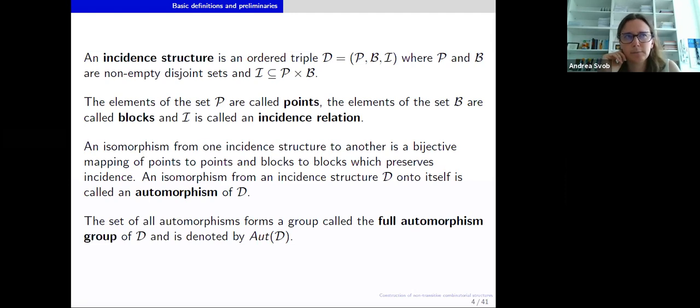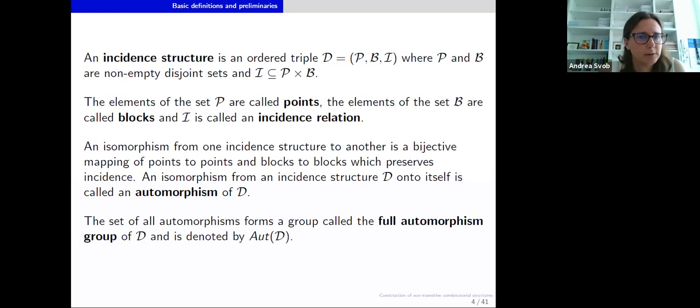In the last part of my talk, I will define a partial geometry as an incidence structure, but there the blocks will be lines. Then in the part where I will speak about graphs, points will be vertices, but this will be said each time when I come to that part.